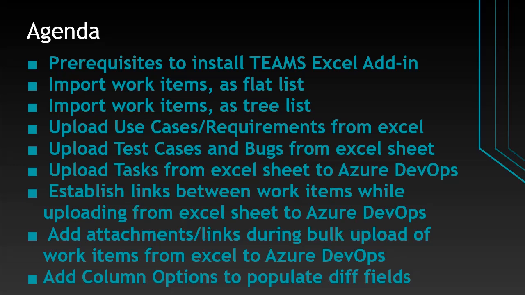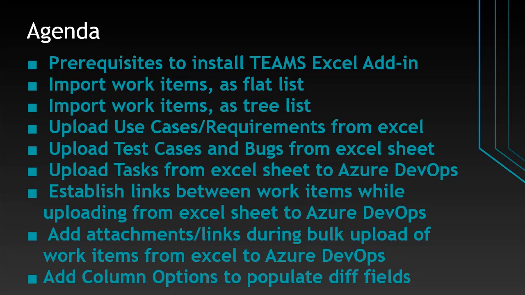And also I'm going to teach you how to upload tasks which will be added in sprints from Excel sheet to Azure DevOps. And also how you can establish links between work items.